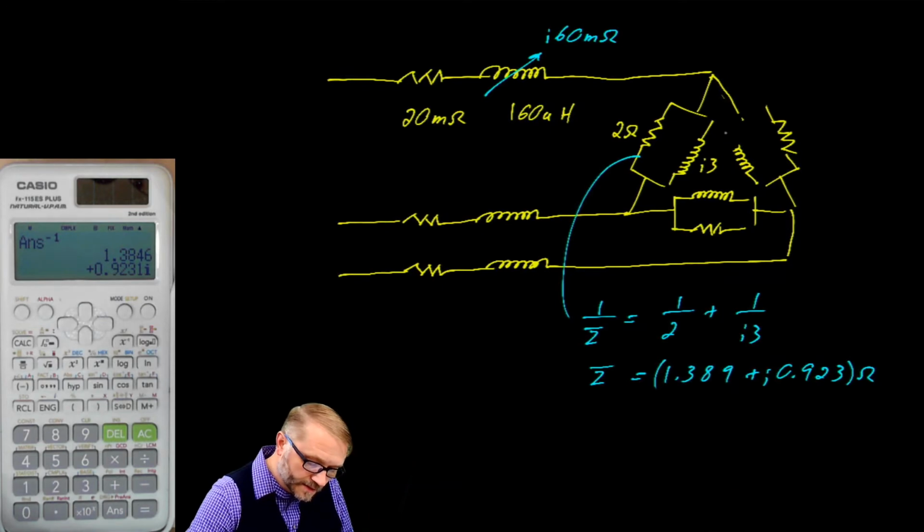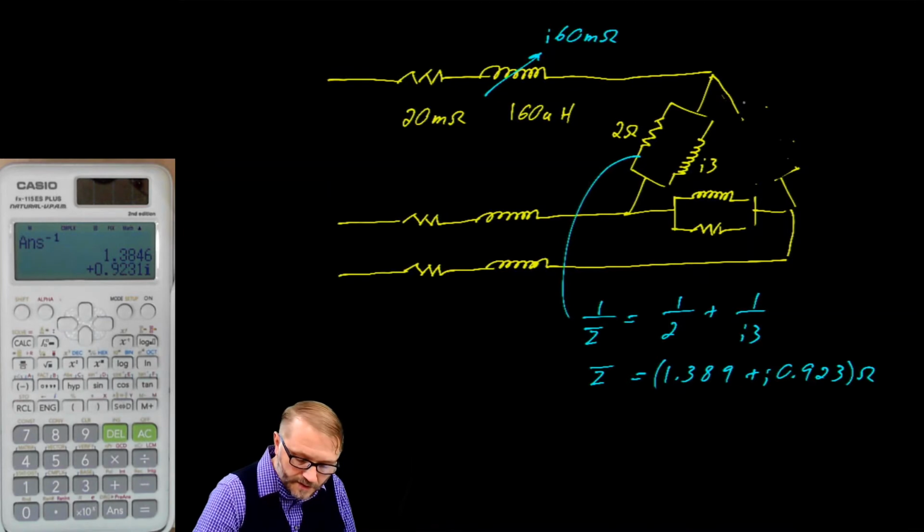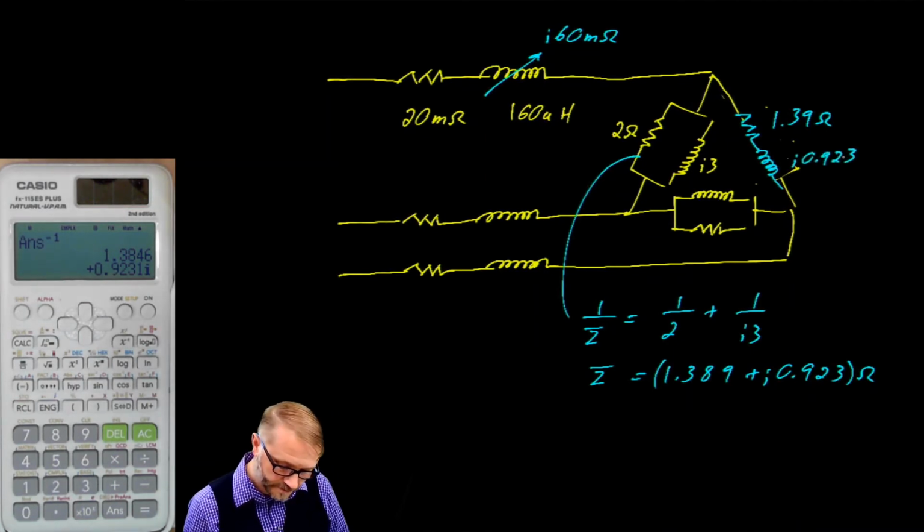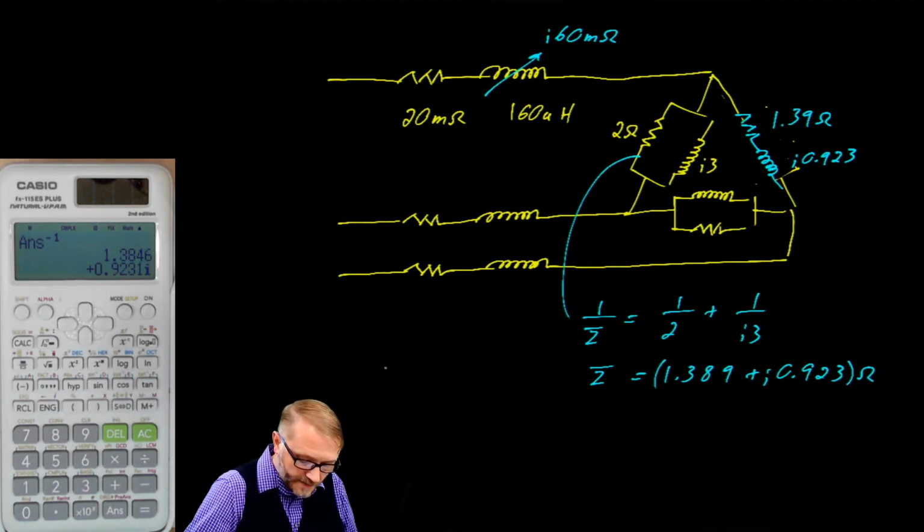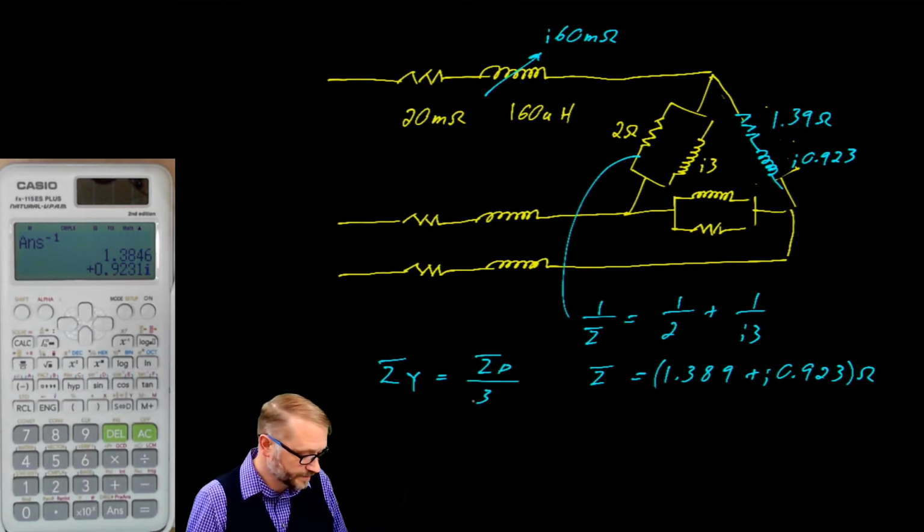Conceptually, this is what we've done. We've taken this piece and we've said rather than represent it as a parallel, you can represent it as a resistance in series with an inductor. That resistance is 1.39 ohms, and that inductance is j 0.923. To convert this into a Y, remember that the impedance of a Y per phase is the impedance of a delta per phase divided by 3.